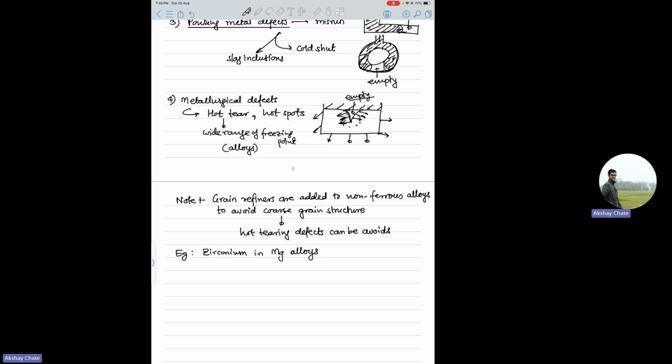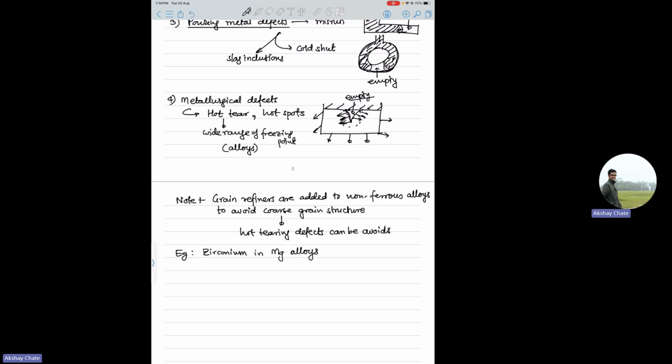So with this the discussion is over, but I'm just looking because the question has two options, hot tearing and formation of coarse grain structures. So what will be the correct answer? The grain refiners are primarily added to non-ferrous alloy castings to avoid the formation of coarse grain structures.